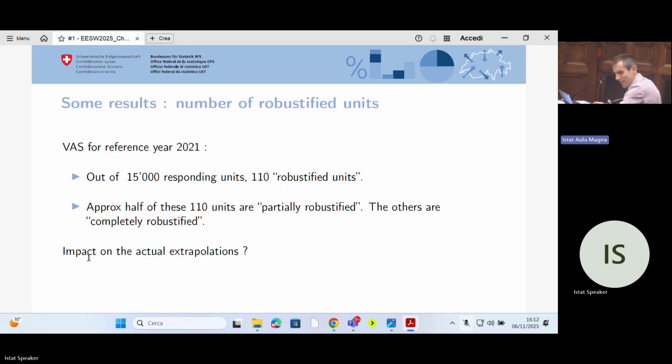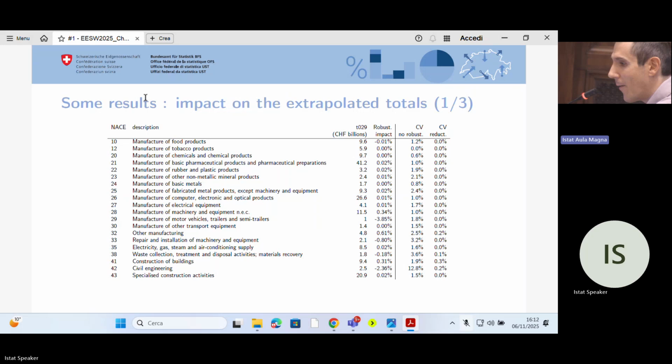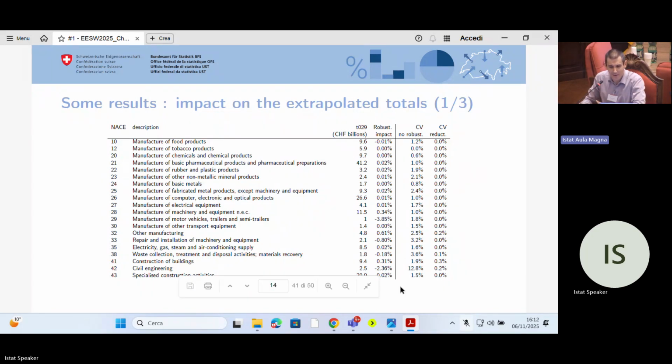Okay, what's the actual impact on the result, on the extrapolation? Well, when we evaluate the total of the added value by NACE, in this column you have the impact of robustification. So we calculated the totals with and without robustification and compared the two. And you can see that the impact is generally small. Well, in this NACE, but it's a small NACE, only 1 billion of added value, robustification had a negative impact.